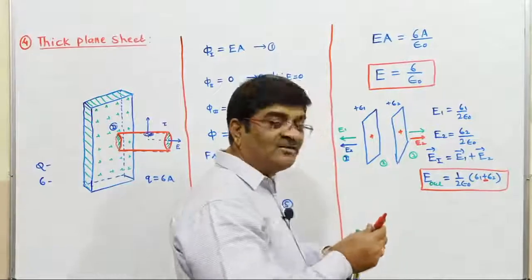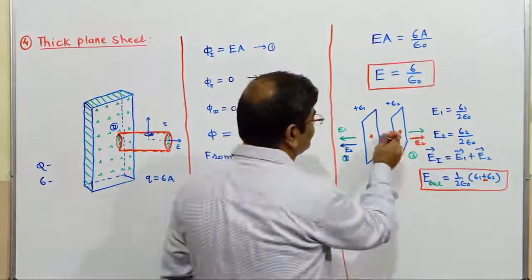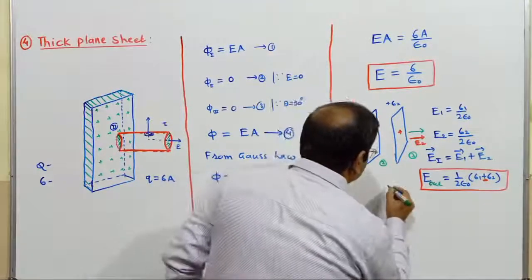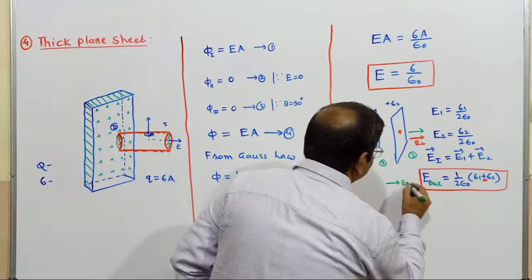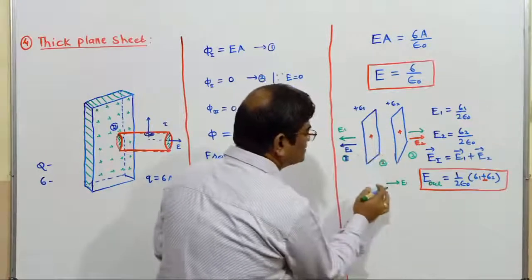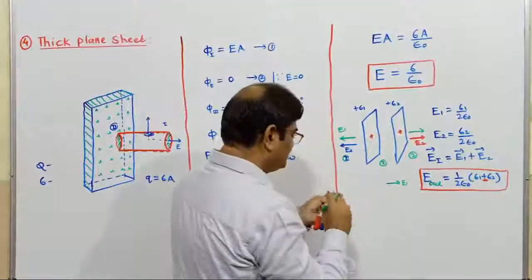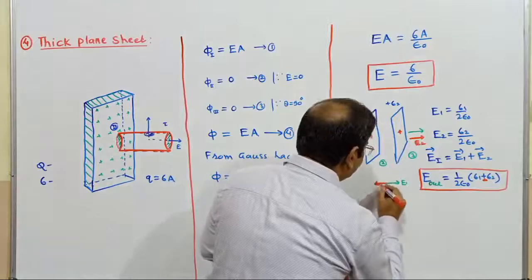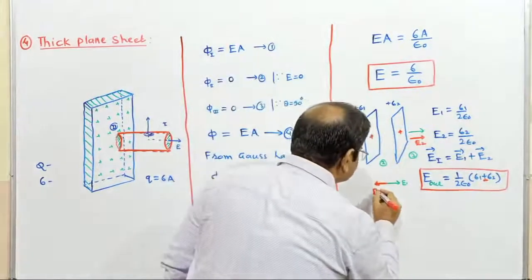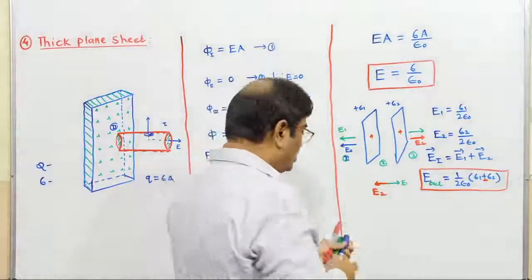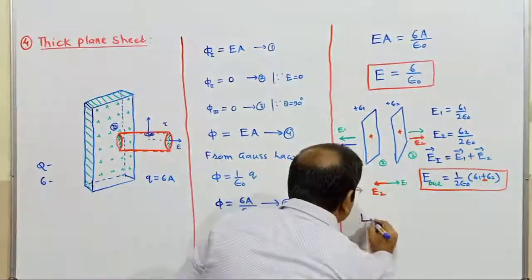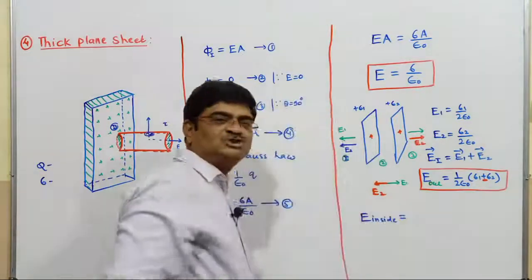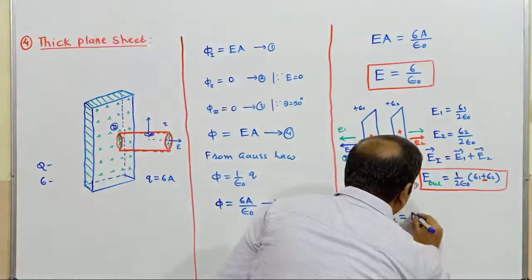Now my point of interest is inside. So electric intensity contributed by the first plate, going away, I am showing like this, E1, due to the first plate. Contributed by the second plate, due to the second plate, going away. Look here children, these two directions are opposite. So resultant electric intensity inside is a vector sum of these two. And in vector sum, what do I do?